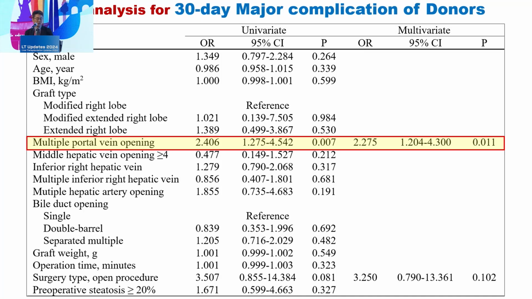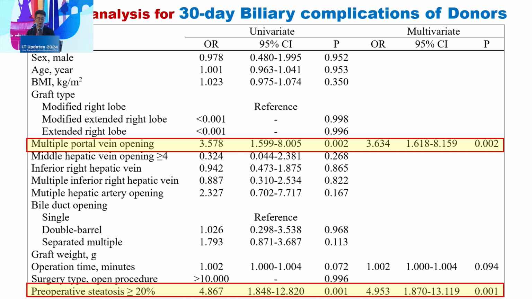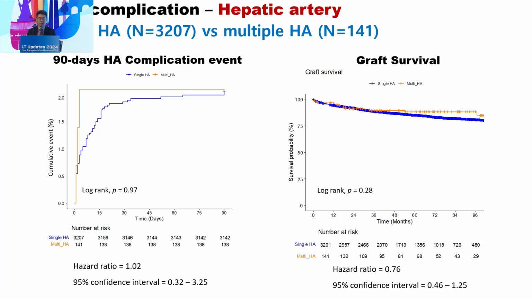In the risk factor analysis for major donor complications and biliary donor complications, various factors, including graft factors, anatomic characteristics, including variation, and fatty liver, are considered. In the recipient complications analysis, the postoperative 90-day complication-free survival, represented as cumulative events, and the graft survival during follow-up are analyzed.